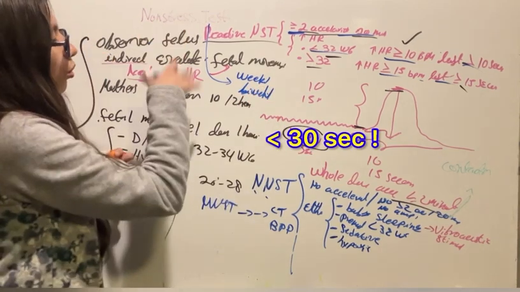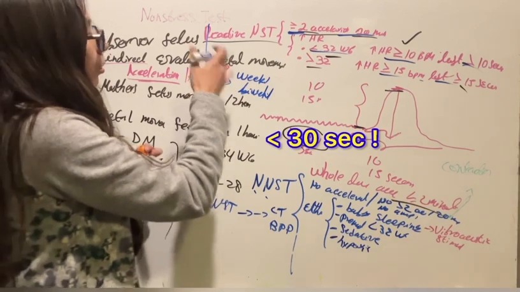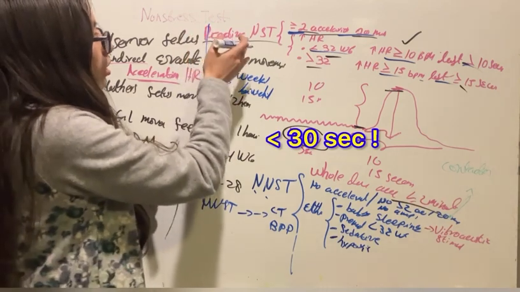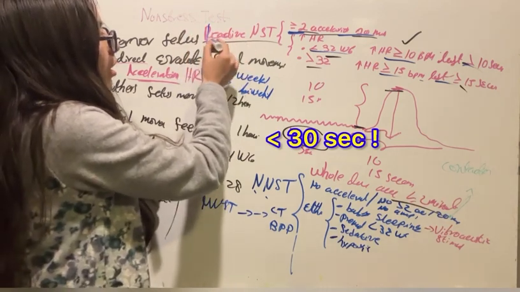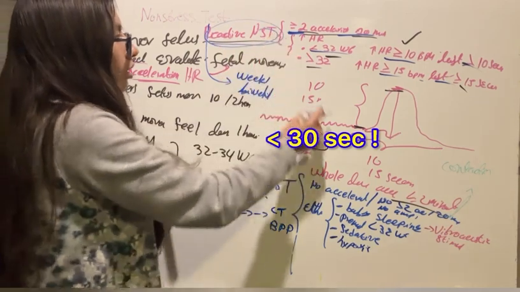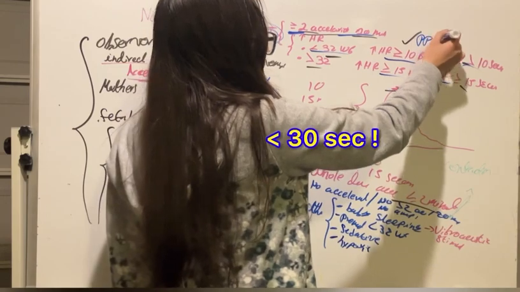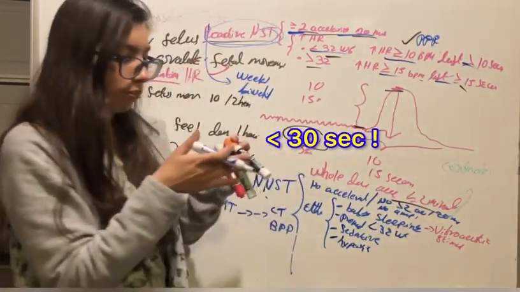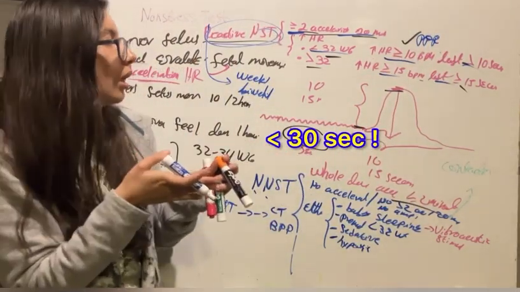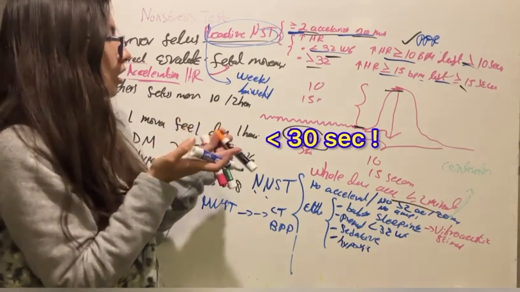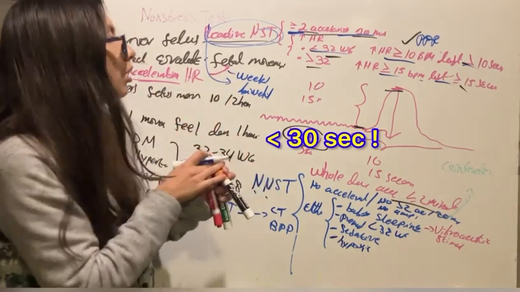So we do non-stress test. If the non-stress test is reactive, then the positive predictive value, or the probability that the baby is doing well, is very high, and we repeat non-stress test in a week or bi-weekly.